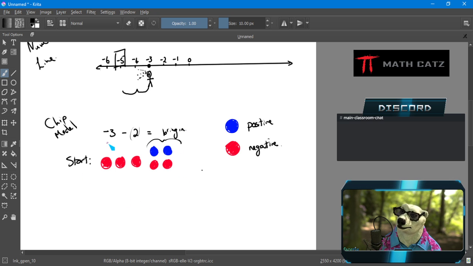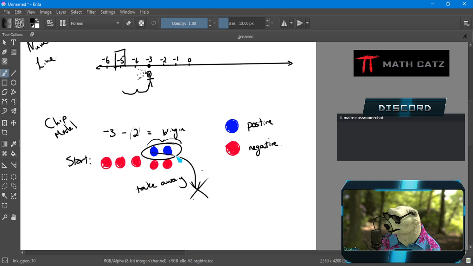So now I have all of this. Now I can follow the procedure of taking away, take away the two positive chips. They are gone. And then what I have left are obviously the 5 negative chips.